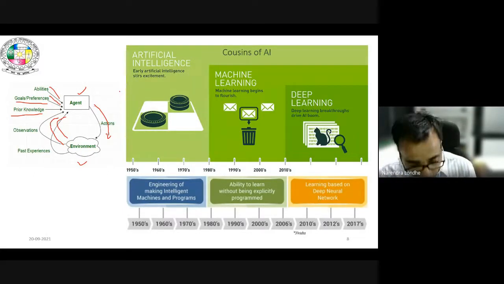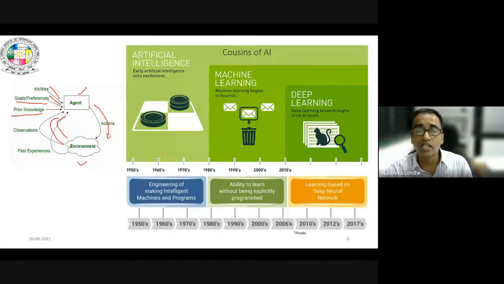Now, let me go into the details of AI systems. If you look at AI, earlier AI systems started in the 1950s, and the growth until this time is shown on this timeline here. You can see earlier AI was just giving excitement. People started using neural networks, developing some small networks using those neurons.